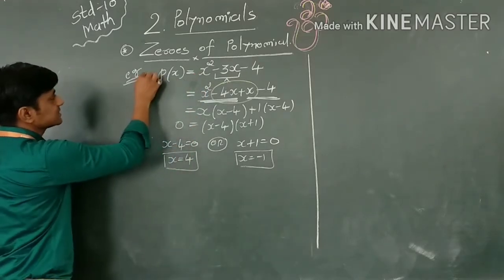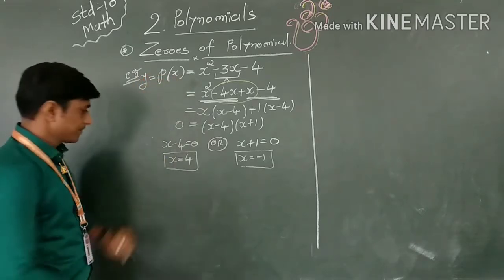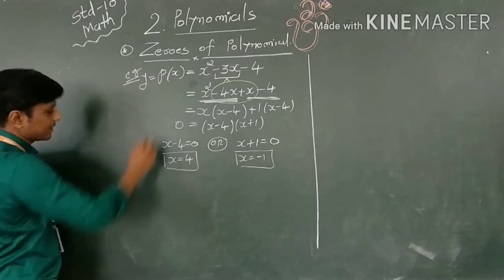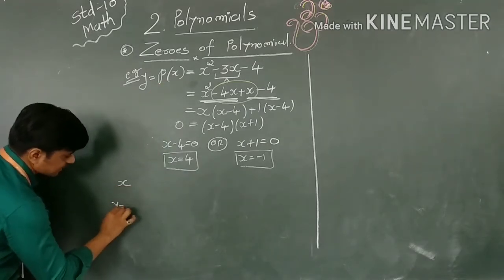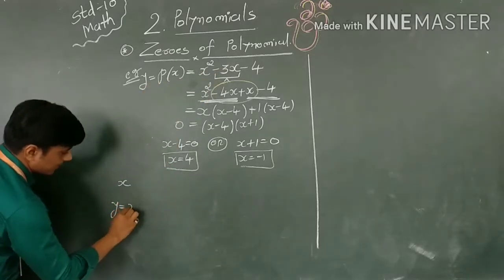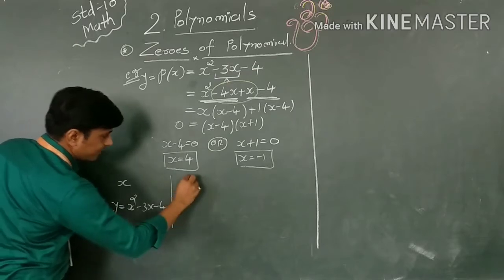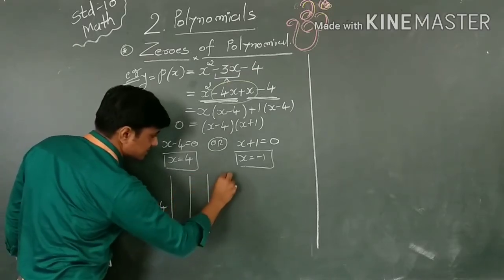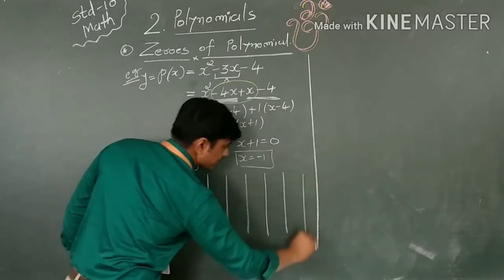Suppose we say this is y or p of x. Now first of all we make a table of x and y. Y is our polynomial x square minus 3x minus 4. Now we take some values of x and get the corresponding values of y.